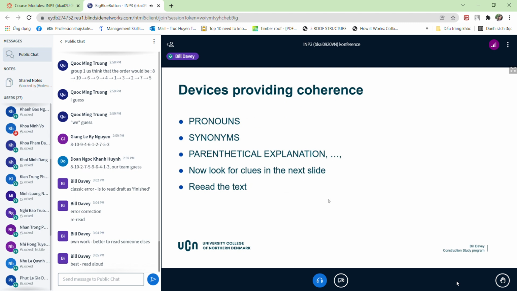So when you've got this parenthetical explanation, the commas work like brackets. So you put in extra information that makes the first thing you mentioned, Mr. Bill, more precise. You tell me more about it. So if you're writing about sustainability, write something like, sustainability is a very important principle in the building trade.